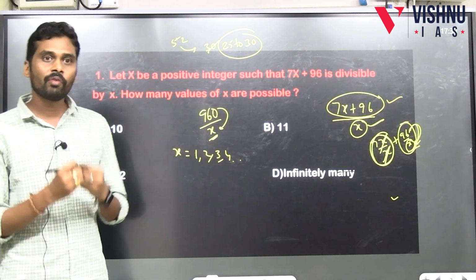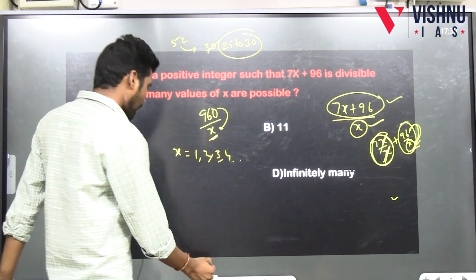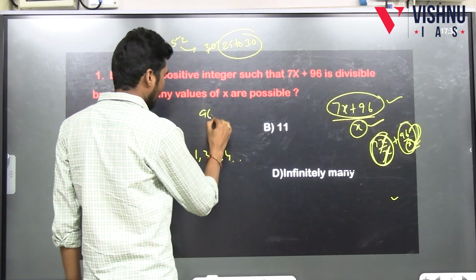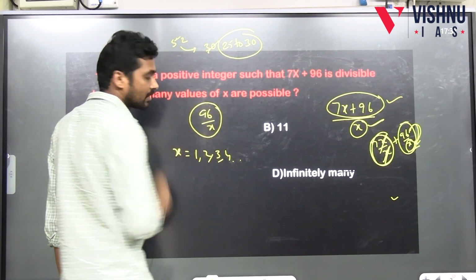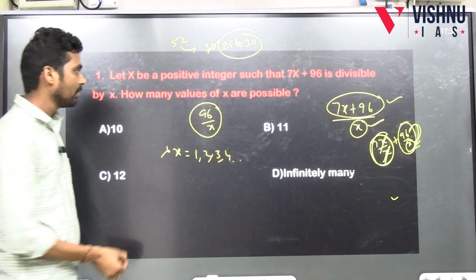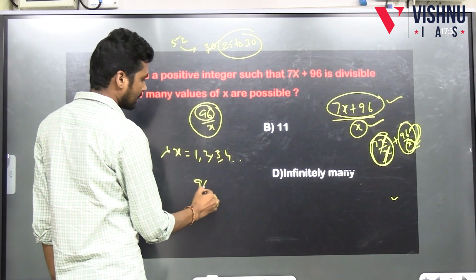And for that we have techniques to find it out. This is 96, and 96 must be divisible by x. Without writing all these numbers, first you write this number 96 as a product of prime numbers.